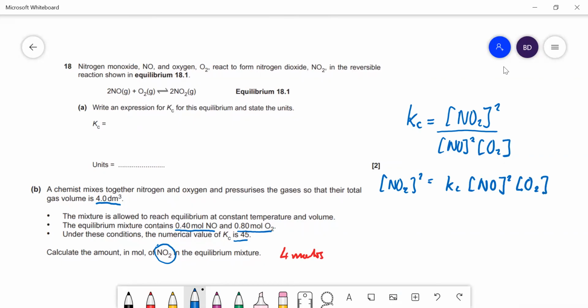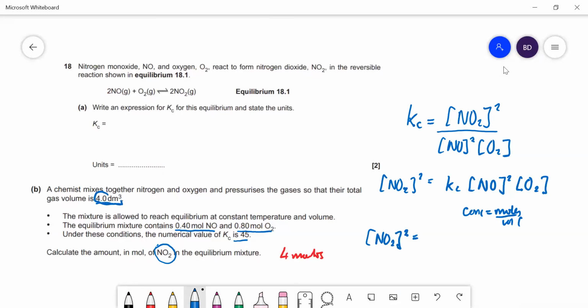Now, concentration is equal to the moles over the volume, and the volume in this case, we're told, is 4 dm cubed, right?